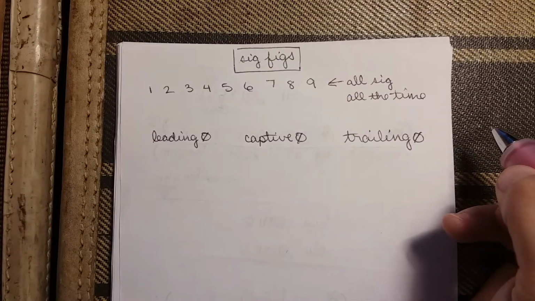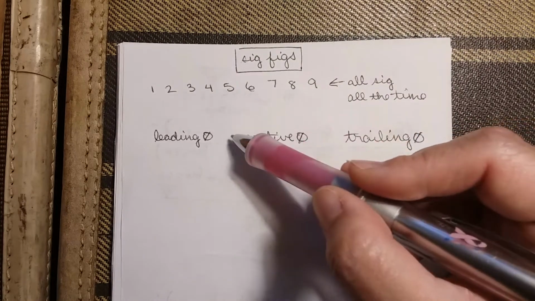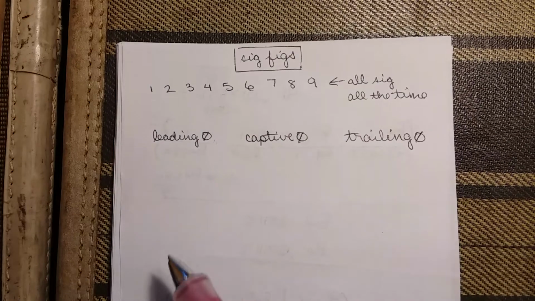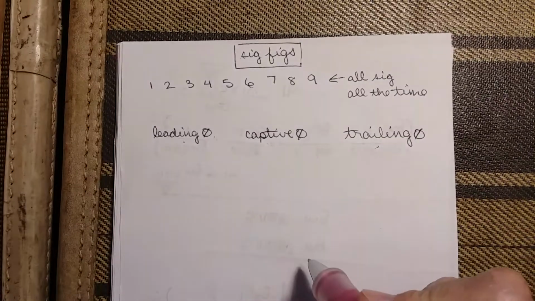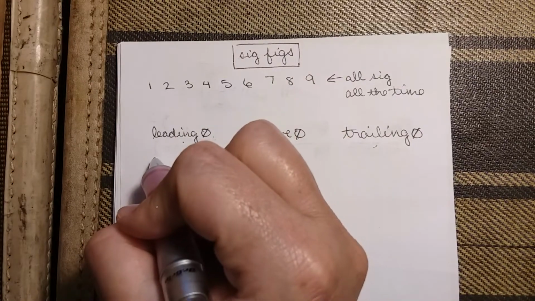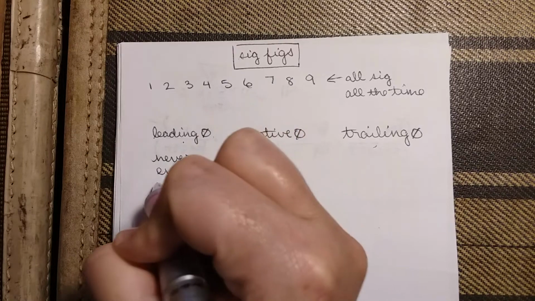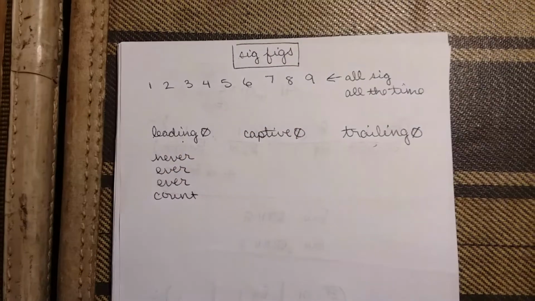So when you first look at a problem, you know that these guys are all significant. The question is the zeros. The first question I want you to ask yourself is, what kind of zero is it? Identify it as leading, captive, or trailing. Leading zeros never, ever, ever count.